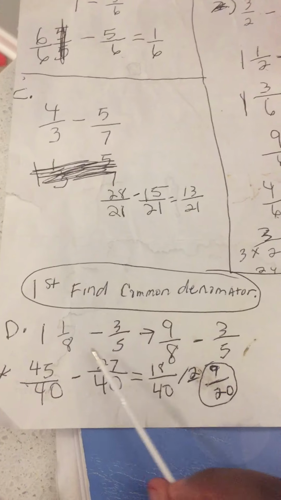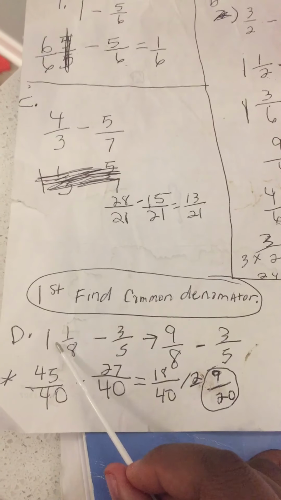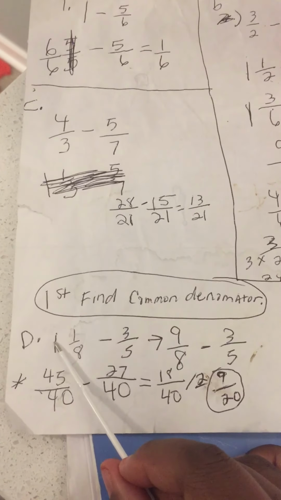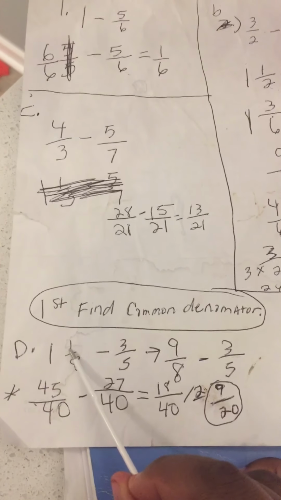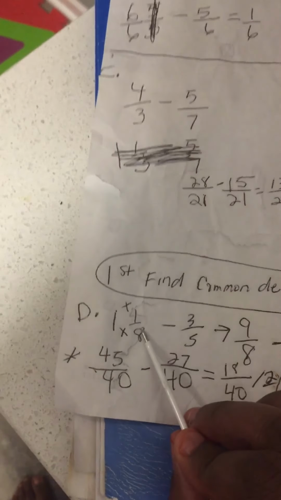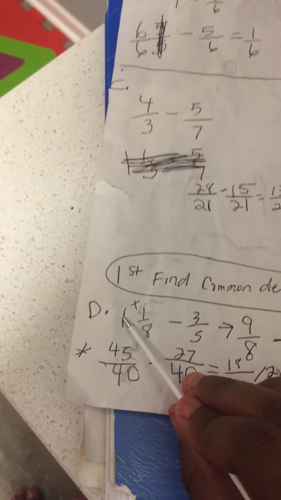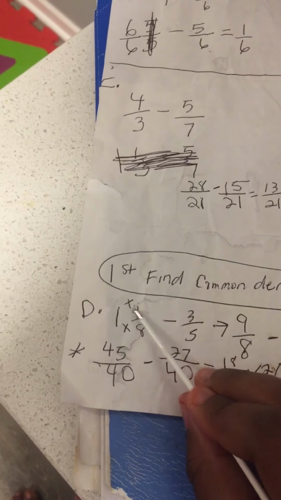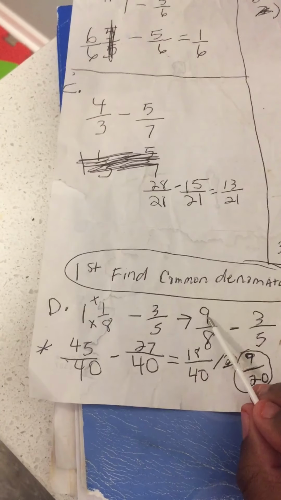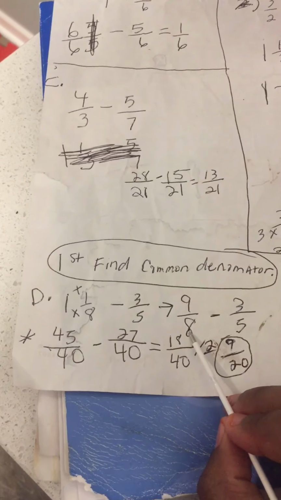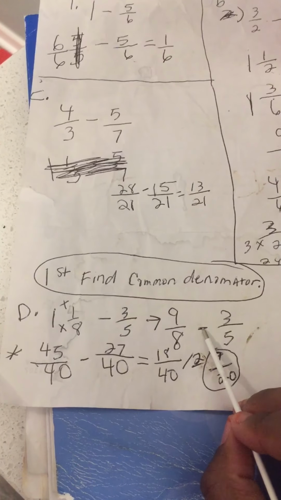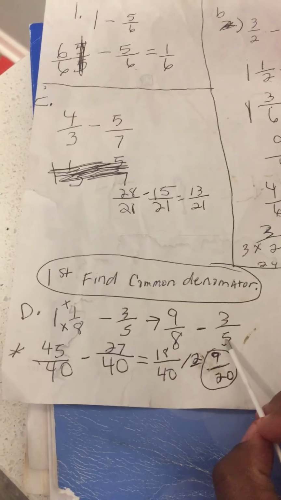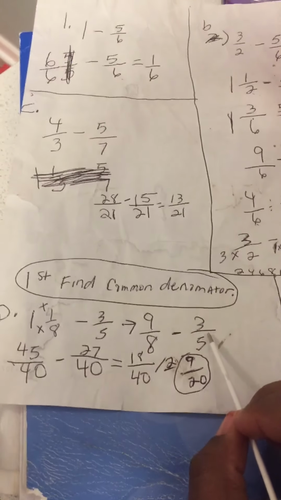Let's do that again. 8 multiplied by 1, add 1 is 9. So you have 9 over 8 minus 3 over 5. Just bring that 3 over 5 over.